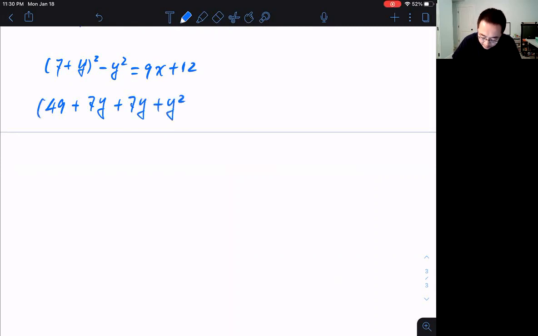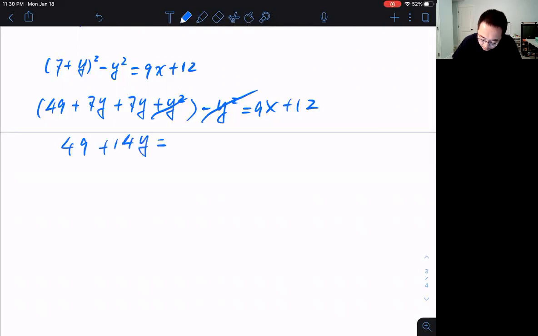That's what the first term, 7 plus y squared, expanded. Minus y squared equals 9x plus 12, and plus y squared and minus y squared cancel each other. Then 7y plus 7y is 14y, so you get 49 plus 14y equals 9x plus 12.